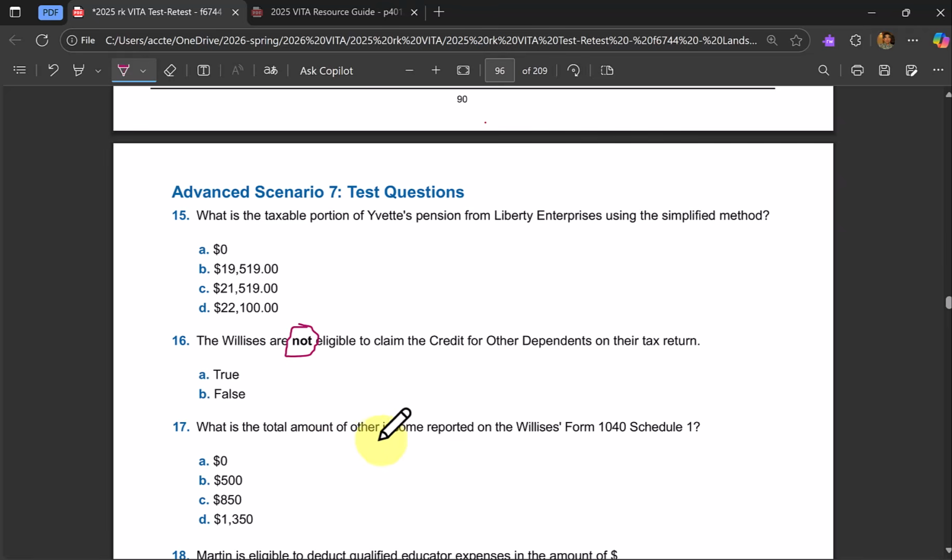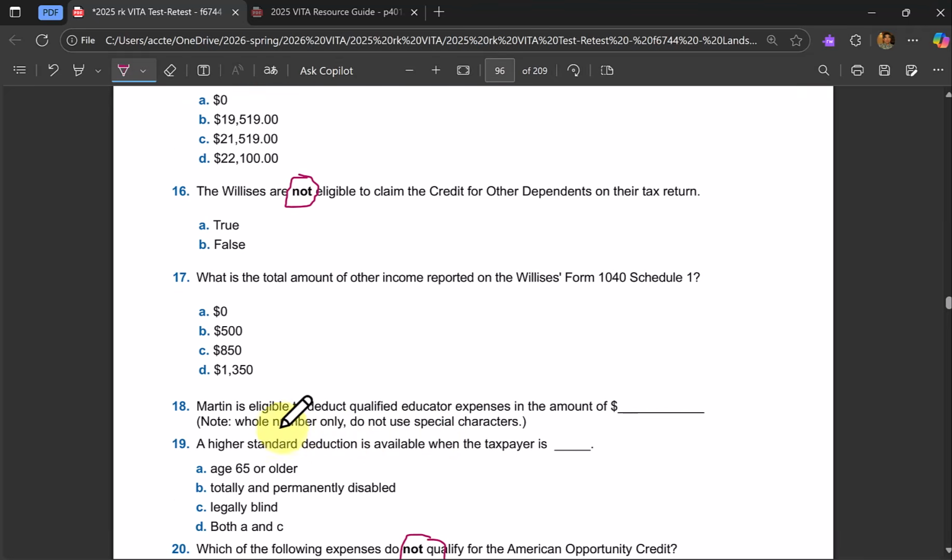And the amount of other income that's reported, subtotaled on Schedule 1. Definitely the cancellation of debt and the prize probably will be located on this schedule. And if Martin is eligible to claim an educator deduction, that $200 amount he had paid out, yeah?